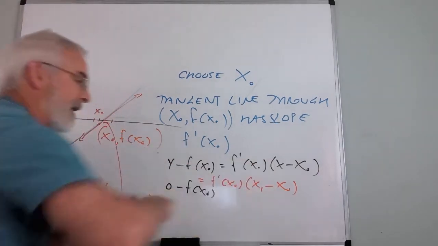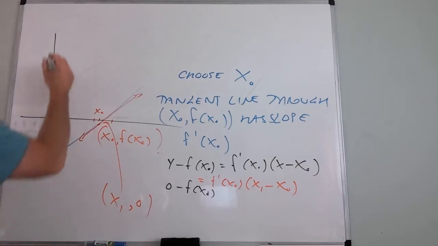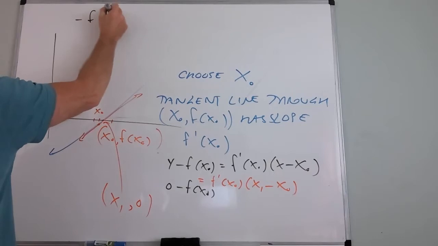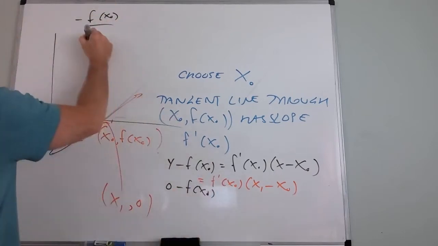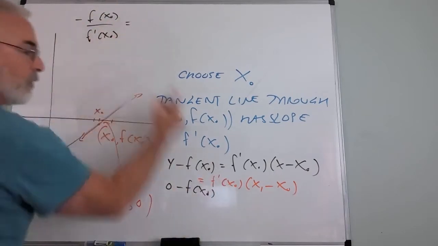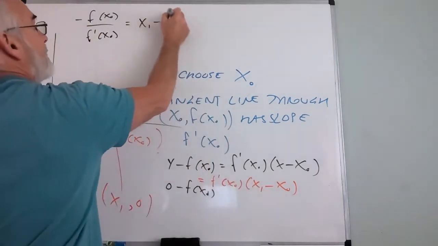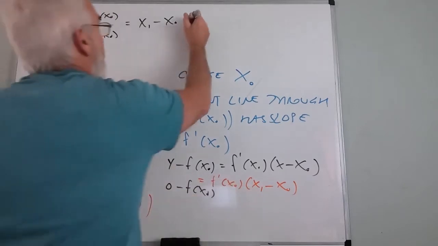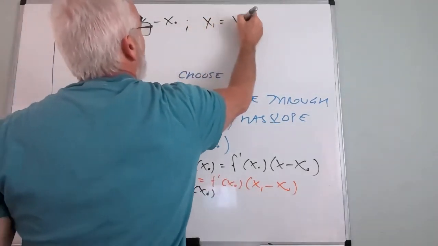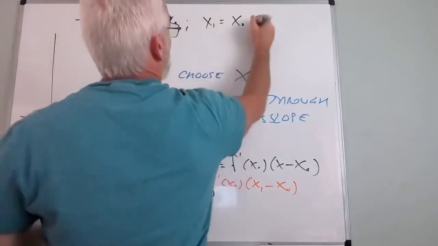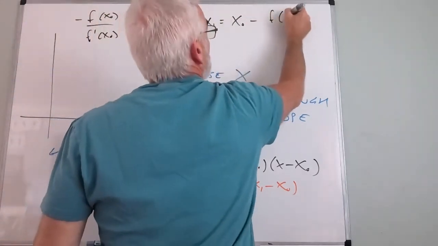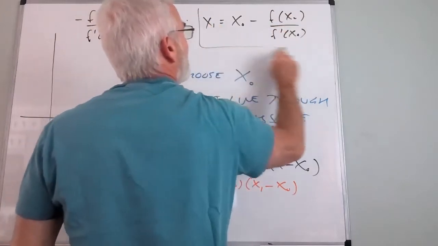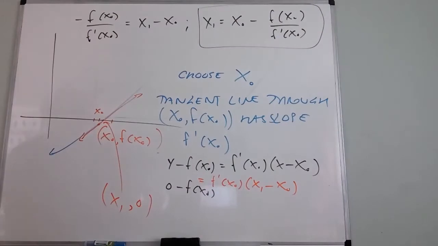So when I work backwards and solve, I'm going to find that negative f of x0 over f prime of x0 equals x1 minus x naught. Okay, I'm trying to isolate the x1. That means that x1 will equal x0, I'm throwing that on the other side, minus f of x0 over f prime of x0. This calculation is actually very, very simple.